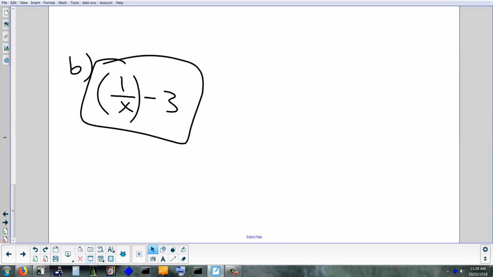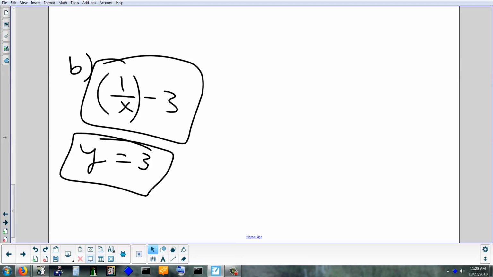Either a little above or a little below negative 3. If you plug in 1,000,000, you get 1/1,000,000th minus 3. That's like negative 2.9999999. Well, if you let x be negative 1,000,000, negative 1/1,000,000th minus 3 is negative 3.000001. Okay, so your asymptote is y equals negative 3.